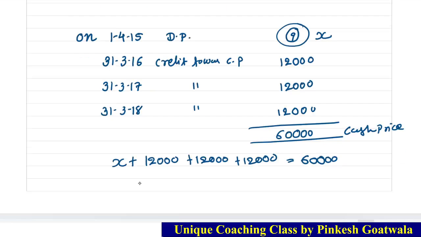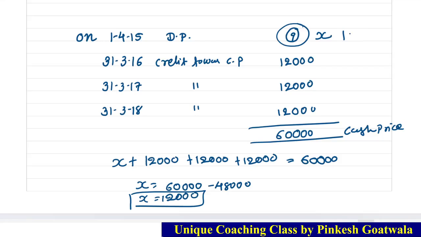So 12, 12, 12, so 48 થશે, સામે જશે 60 minus 48, so x comes 12,000. So indirectly we get the down payment 12,000, or directly પણ આઈડિયા આવી જશે કે down payment 12 હશે. The same point like the previous sum.